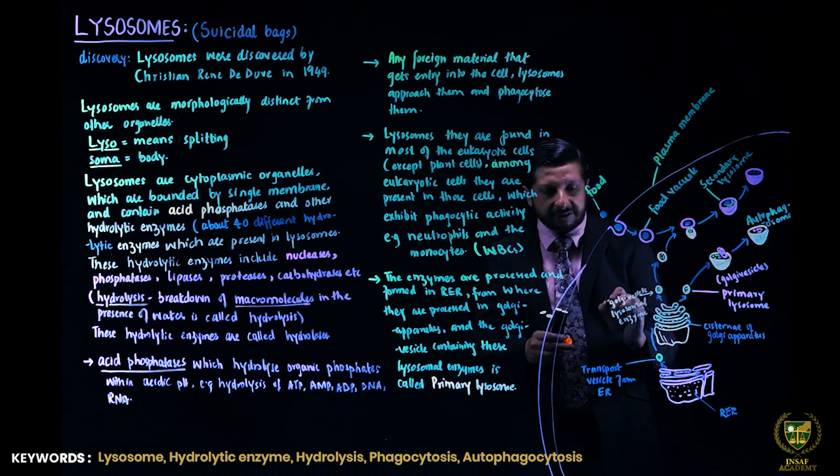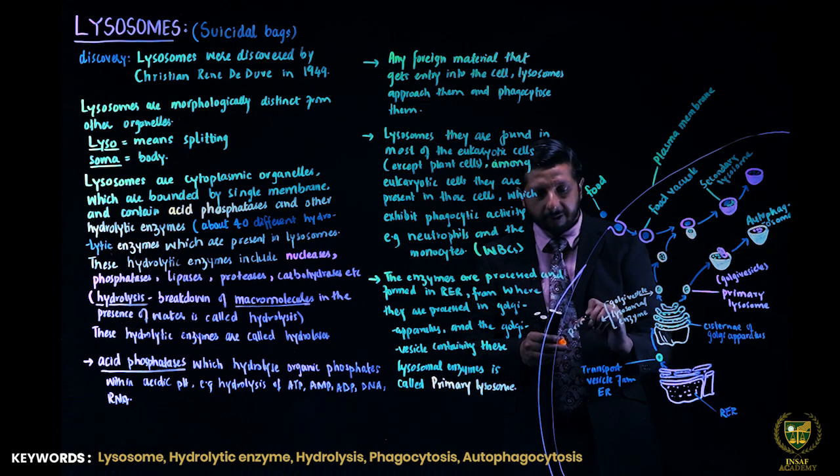So that very Golgi vesicle is called primary lysosome.